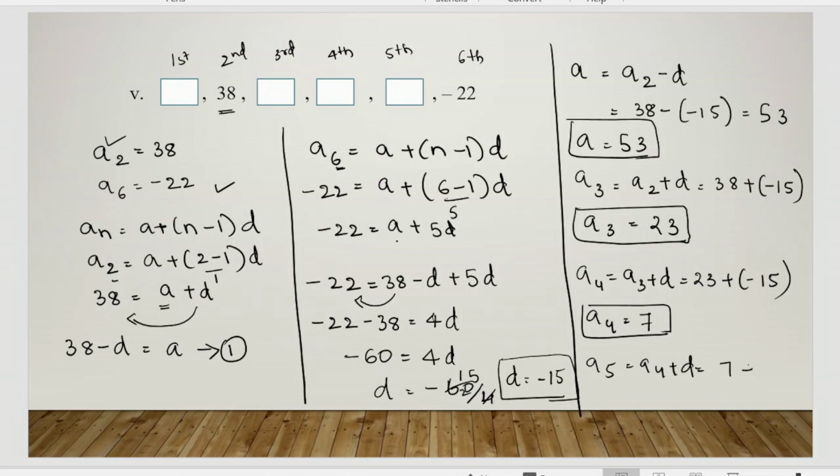A4 is 8 plus minus 15, which is, A5 will be 8 minus 15, which is minus 7. So the first term a is 53, the third term is 23, the fourth term is 8 and the fifth term is minus 7.